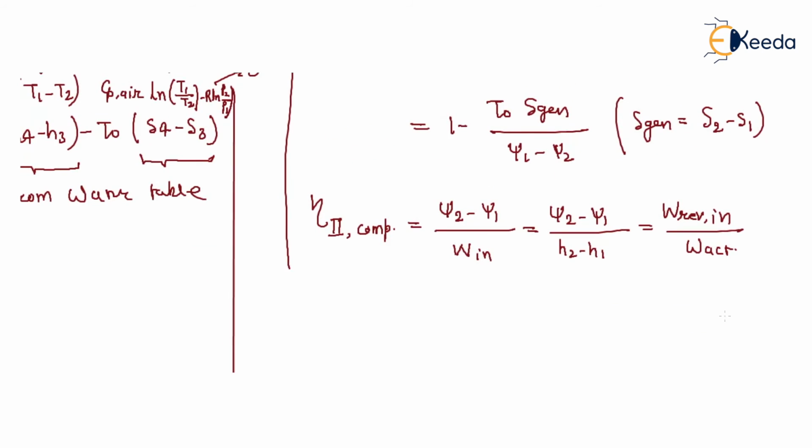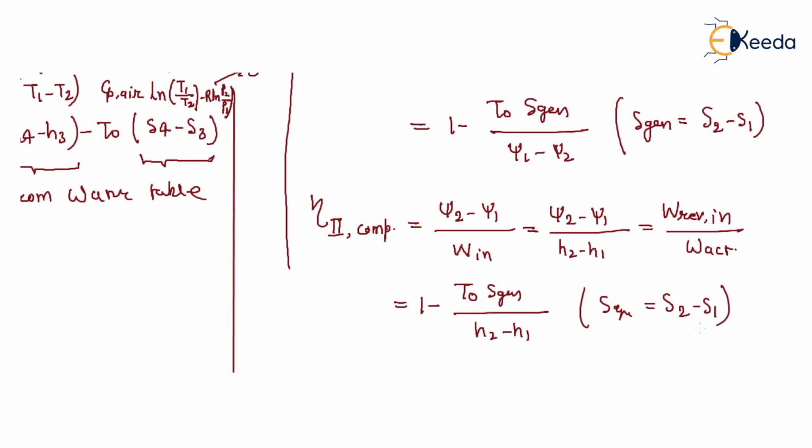Similarly, you can find out isentropic with entropy generation, S generation divided by H2 minus H1, right? And what is the S generation? S2 minus S1, right?